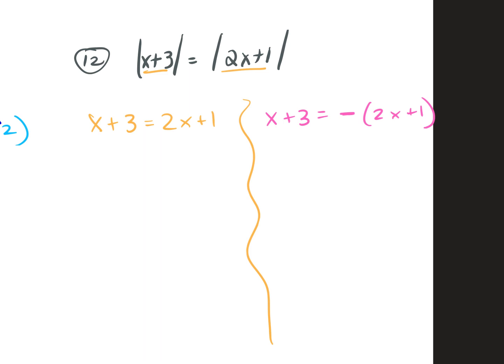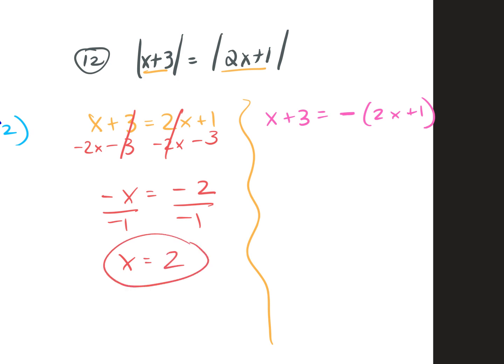So let's solve our first one. What would I do to solve for x? We can subtract 3. And then we can subtract 2x. So we get negative x is equal to negative 2. And then what? So we divide by negative 1. So x is equal to positive 2.